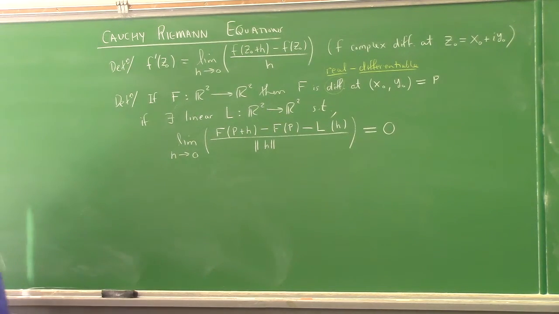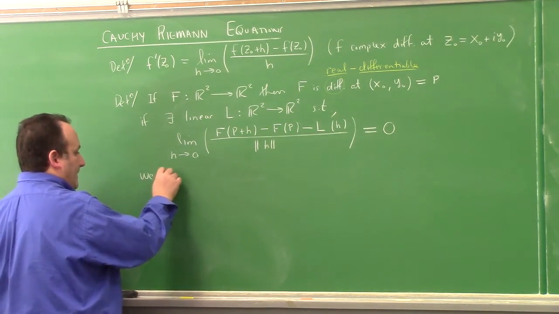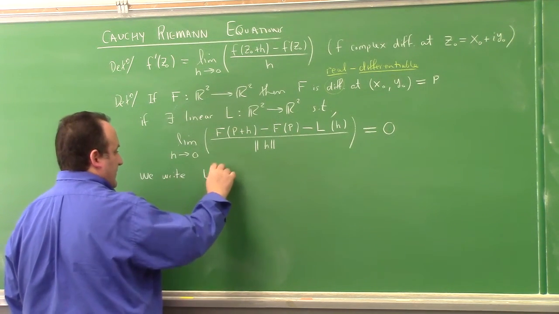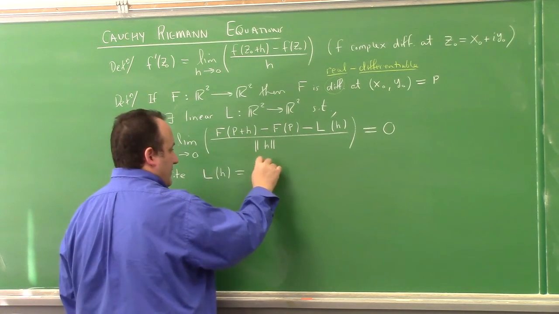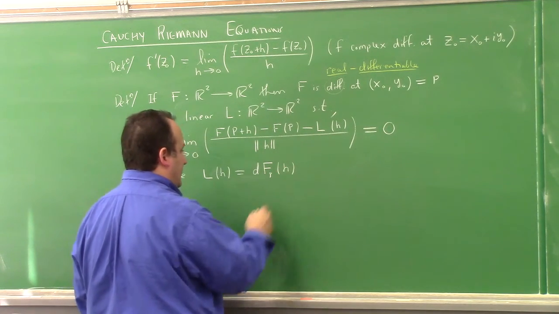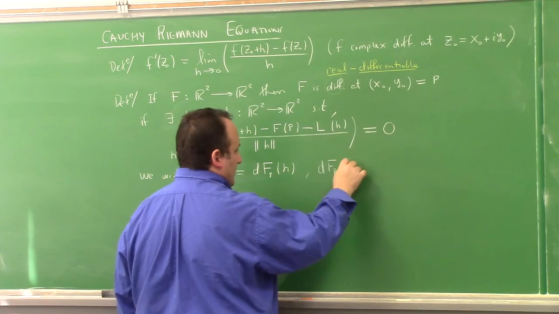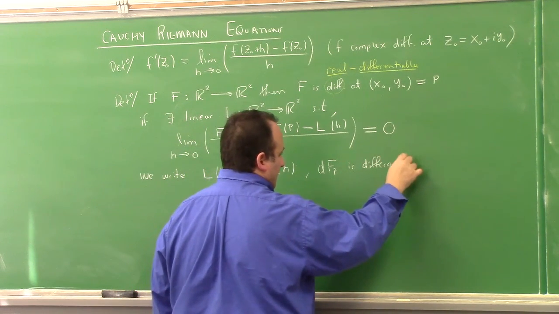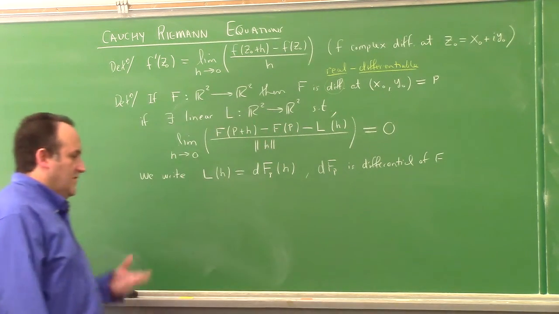And in this case, we write L of H equals the differential of F at P acting on H. So here, dF_P is the differential of F at P.